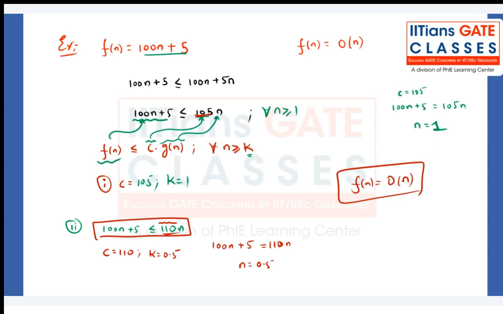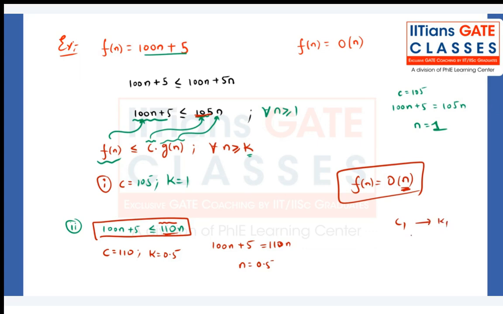So to prove if the notation holds or not, the constants are not important. If you choose any random value of c, your value of k will change accordingly. If the notation holds, no matter which constant you take, the values will keep on changing, because when we match that inequality, we ignore those constants. We just need the function. We don't need the constants. So if you assume any value of c, you will just get a corresponding value of k.